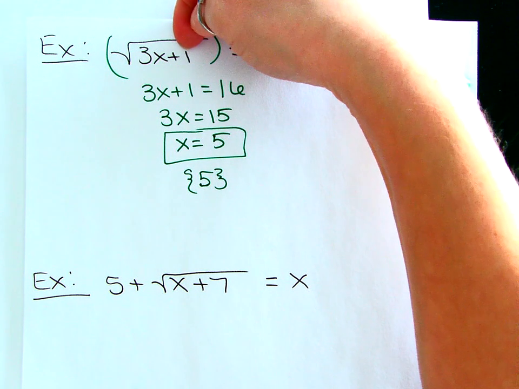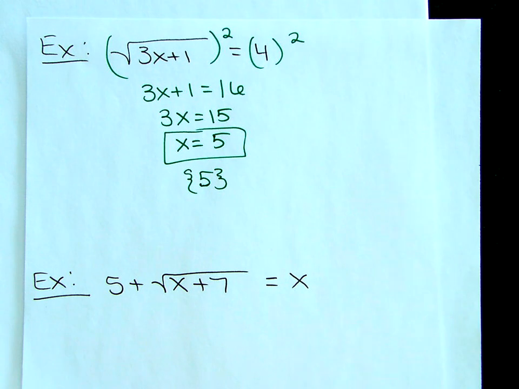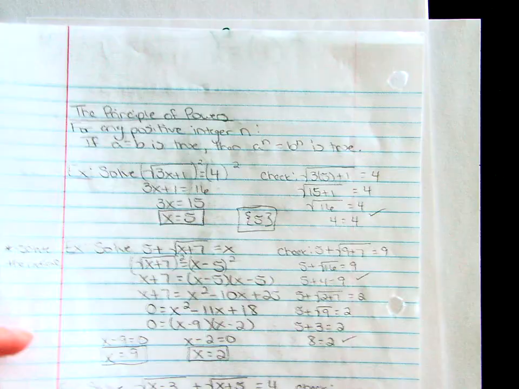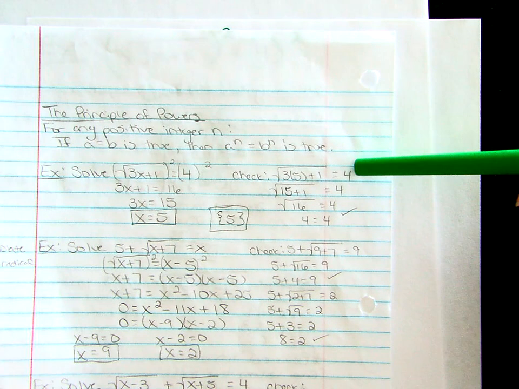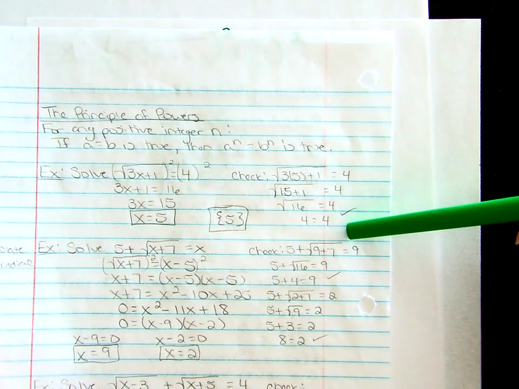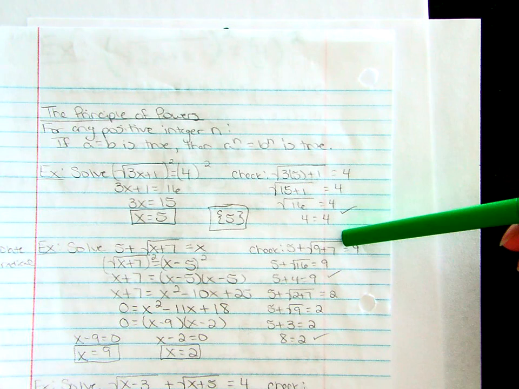So that's how you get trouble spots when it comes to your radical equations, is if you get something that will make the part under your radical negative, then that would give you an issue. So in my notes, this is where I actually worked out I do check all of my answers just to be on the safe side. So if you want to make sure that we did them all right, all of them are right for this one.